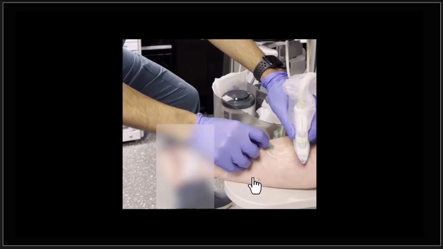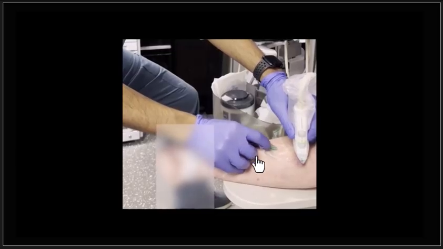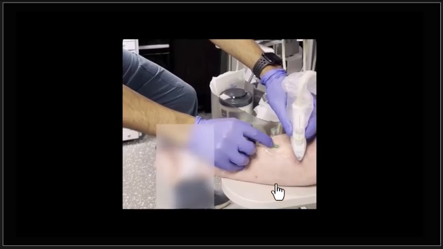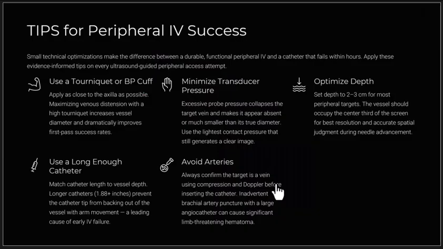The individual performing the procedure here kept the ultrasound transducer on the patient's skin, but I recommend setting the transducer aside, and that way your right hand and left hand can work together to successfully deliver the angiocatheter under the skin. But you'll see there's that flash of blood in the hub, the angiocatheter is going in, and at that point, you are ready to secure your IV or draw blood. So no need to continue to handle the ultrasound transducer at that point.